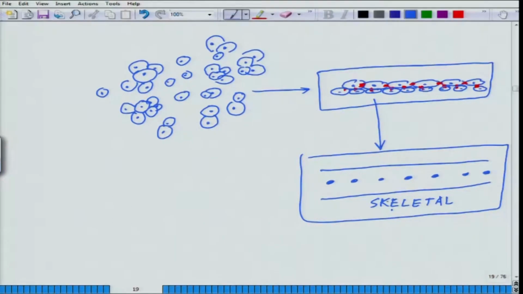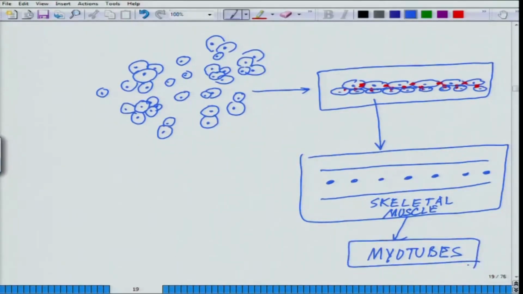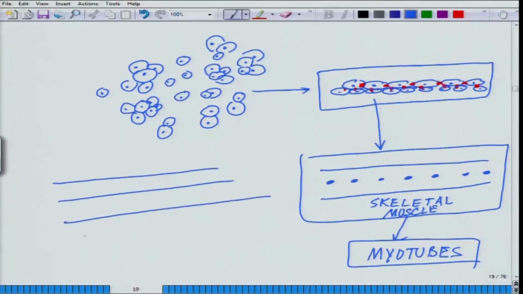And the smallest unit of skeletal muscle is called myotubes. We will come to the finer ultrastructural, microstructural details of this in the next class. So now, these myotubes align with each other like this. Okay.